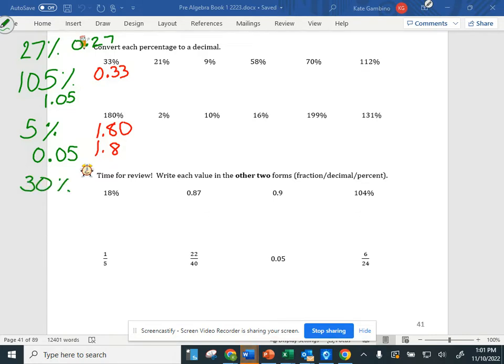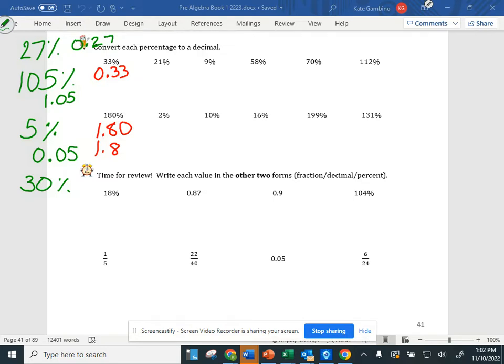30%. Okay, I was looking down there, yes. Emily and Ella.